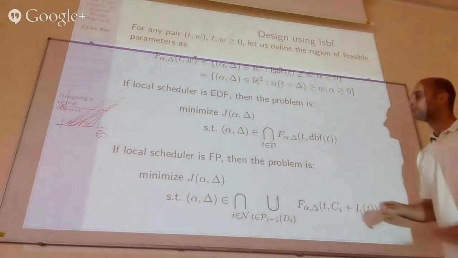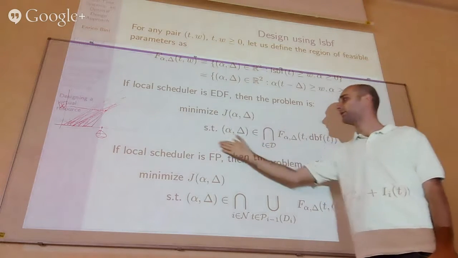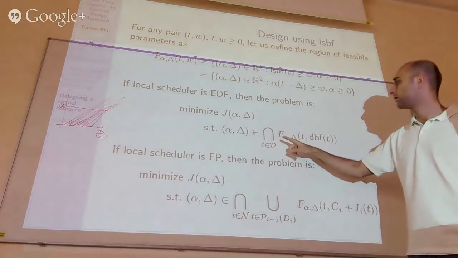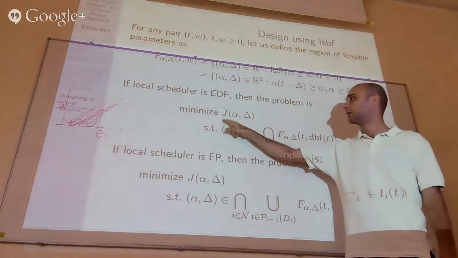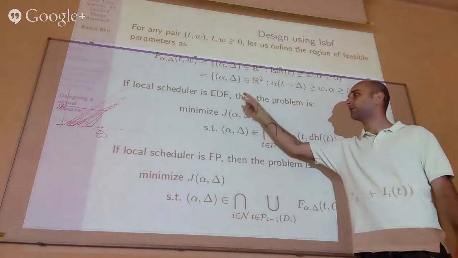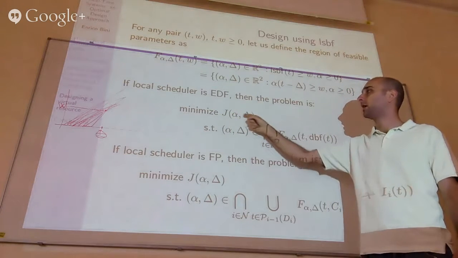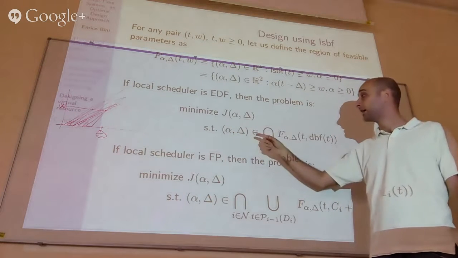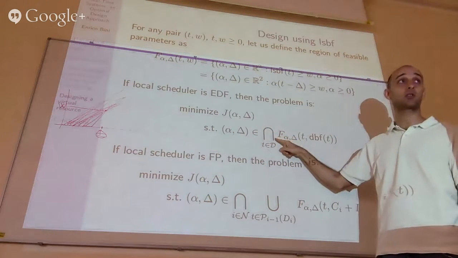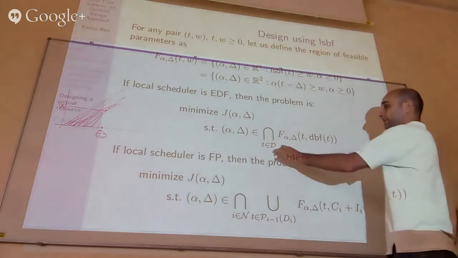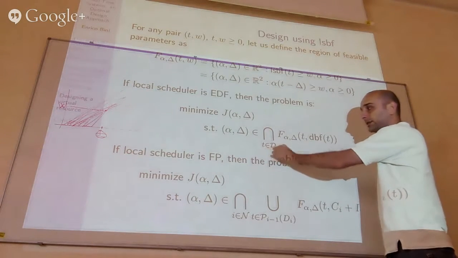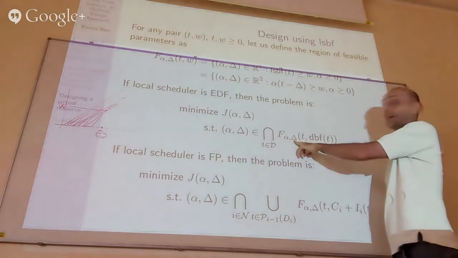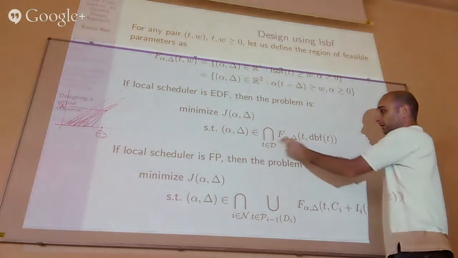Then we define a problem of this form: we minimize whatever cost of alpha and delta, such that alpha and delta of the server is within the intersection, for all t in the set of deadlines, of f alpha delta evaluated at t and DBF of t.